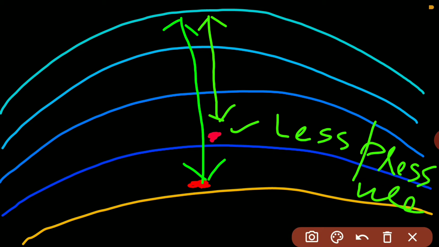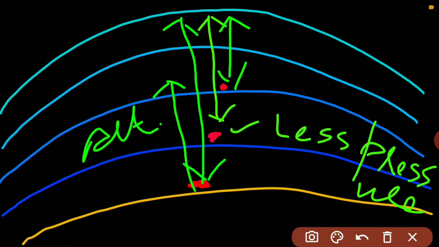Now again, if the object moves here, obviously the height has decreased again. Since the height has decreased, it will feel even less pressure. That means the pressure decreases as the altitude increases. So as the altitude increases, pressure decreases.